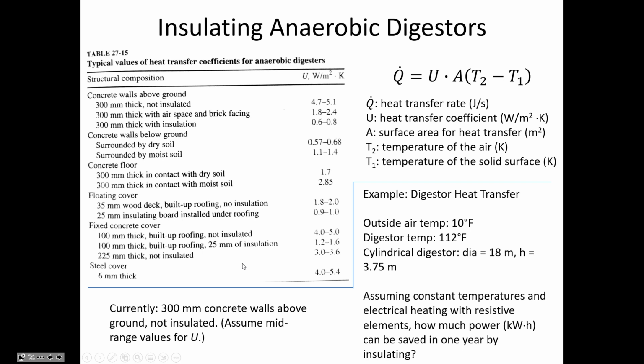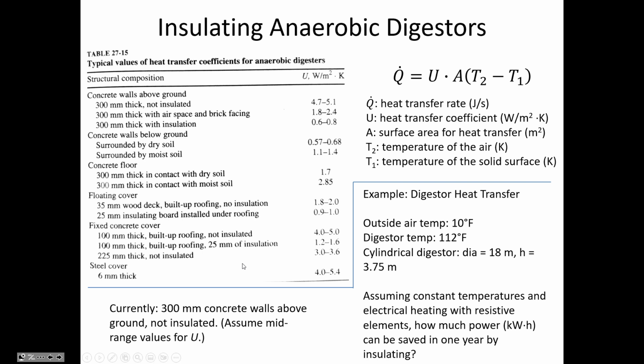So what we're going to do is look at the net savings in power that you have to apply to heat this. The temperatures in question: T2 is the temperature of the air. The air temperature of 10 Fahrenheit corresponds to 260.93 Kelvin.